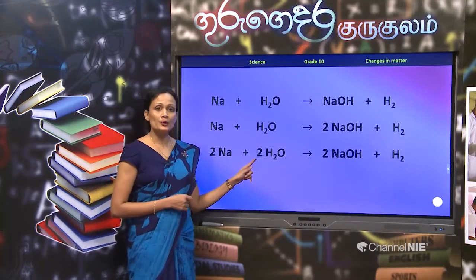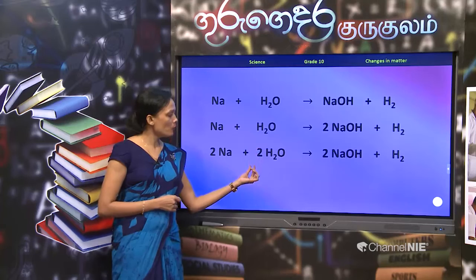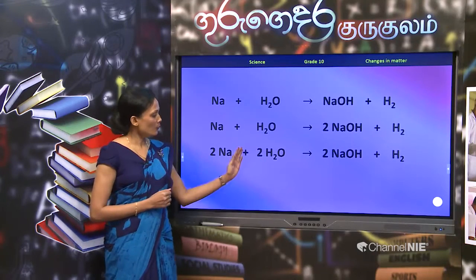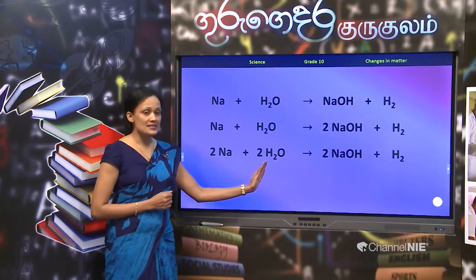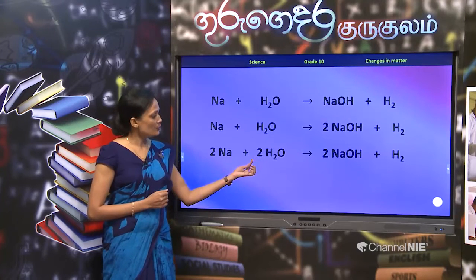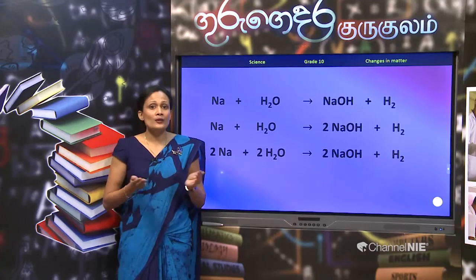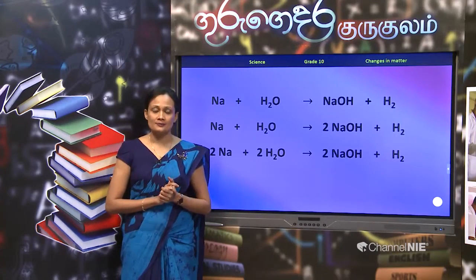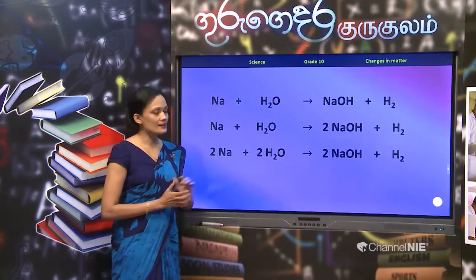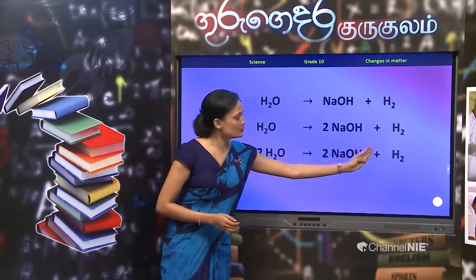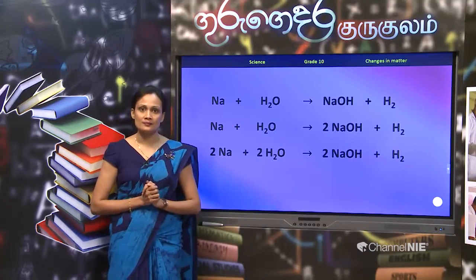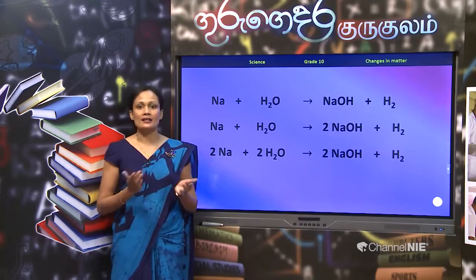Here I put 2 in front of water. Now the hydrogen atoms present in water are 2 into 2, 4 hydrogen atoms. Now the hydrogen atoms also balance. Here 4 hydrogen atoms. Here 2 plus 2, 4 hydrogen atoms. That means hydrogen atoms are balanced.